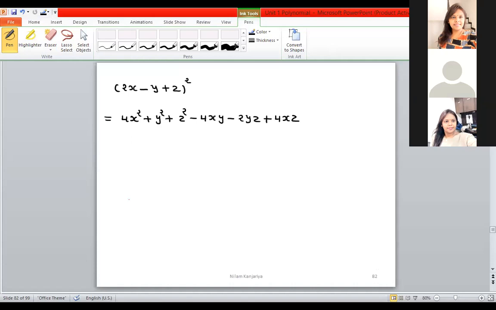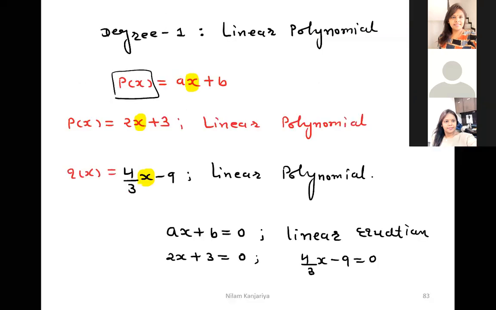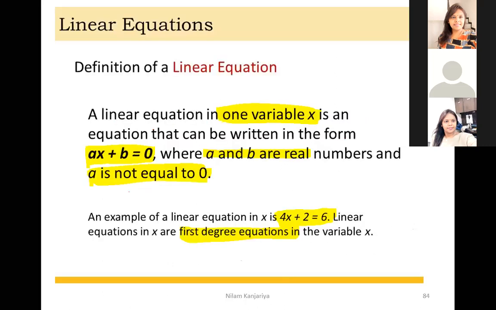So our new topic is a linear equation. Linear equation means you can find the unknown. When you have one variable, you get one solution. If you have two variables, that means you have an infinite number of solutions available.